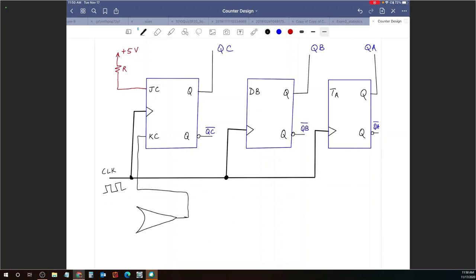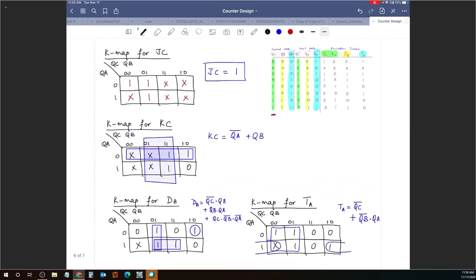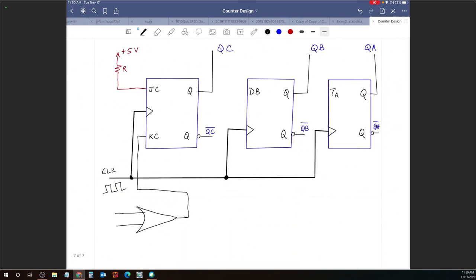The two inputs are QA complement or QB. So QA complement is coming from right here, and QB is coming from right here.